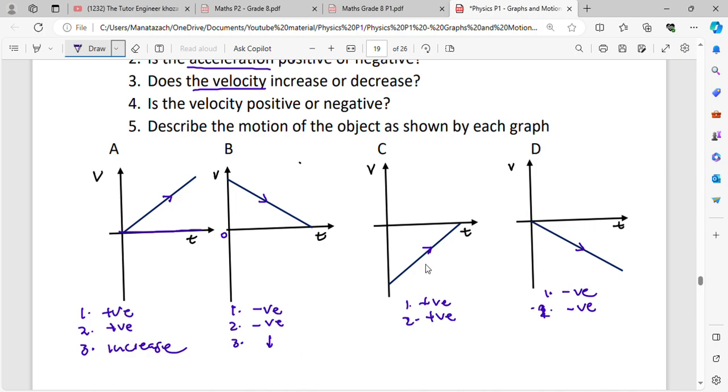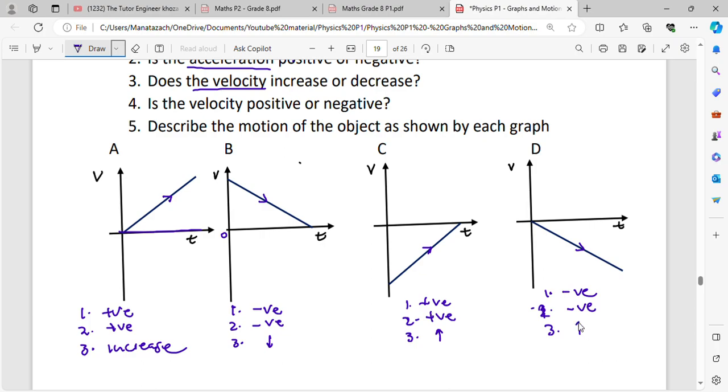Here the move is towards the time axis. Believe it or not, the graph here is actually decreasing. It's not increasing. That's the velocity. So when you get to graph D, the graph is moving away from the time axis, meaning it's increasing. Right, so the graph here is increasing.